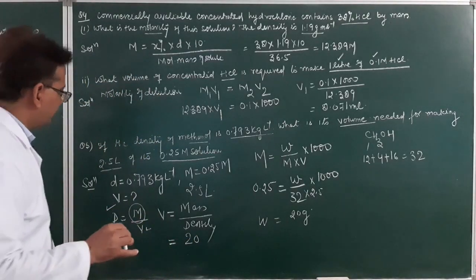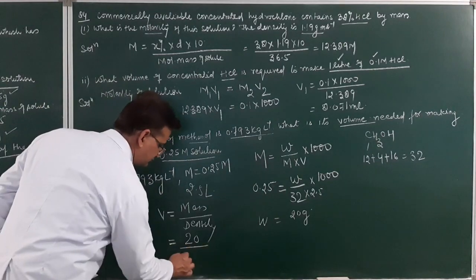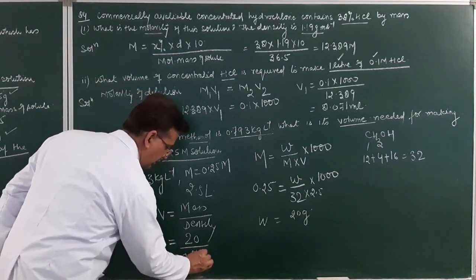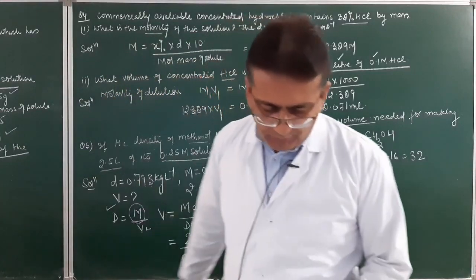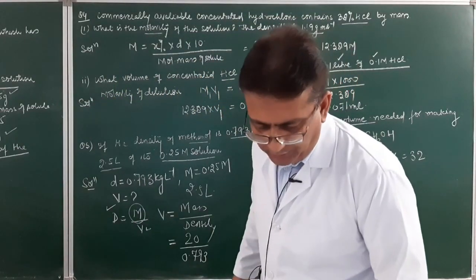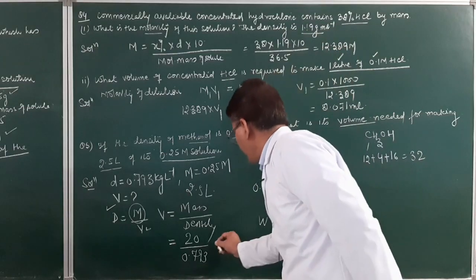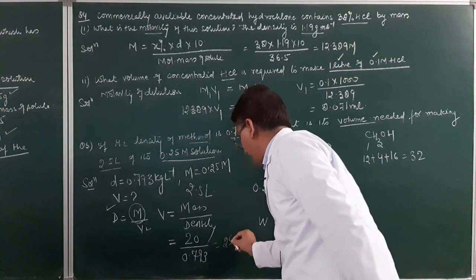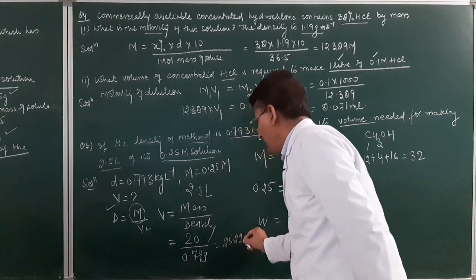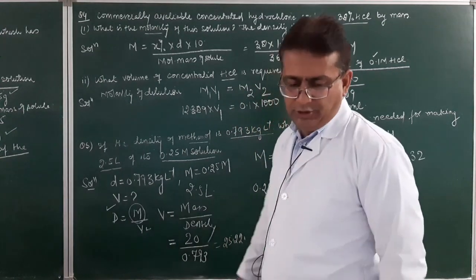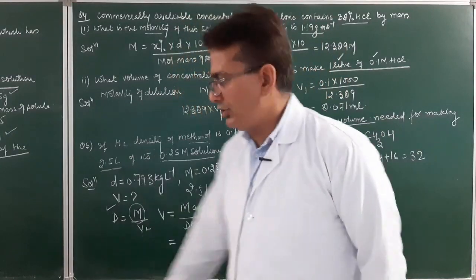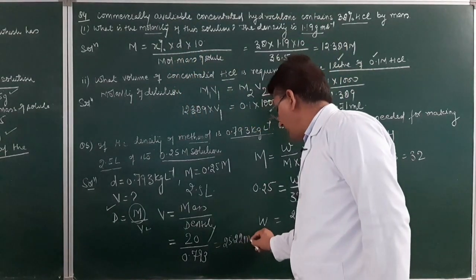It is 0.793. From here we find the volume, which is equal to 25.22 milliliter. So it comes to 25.22 ml, the milliliter of the solution.